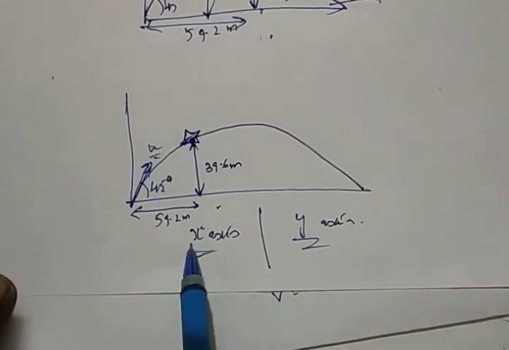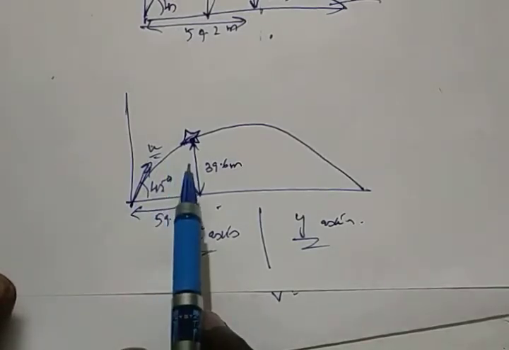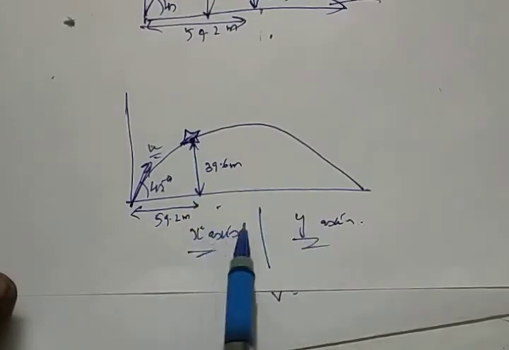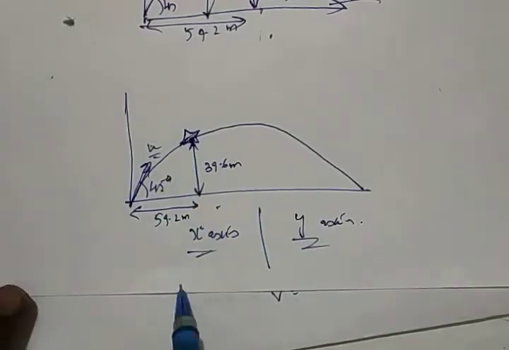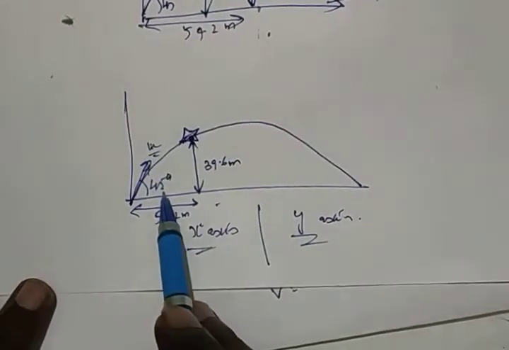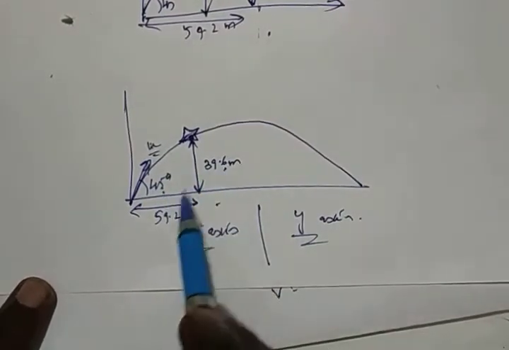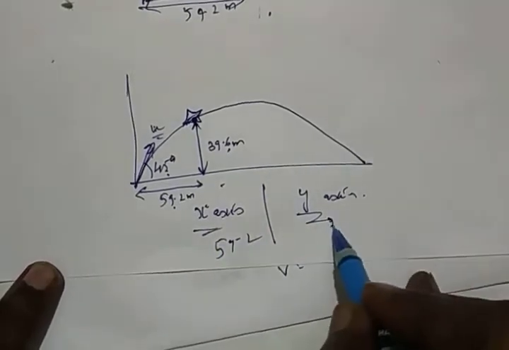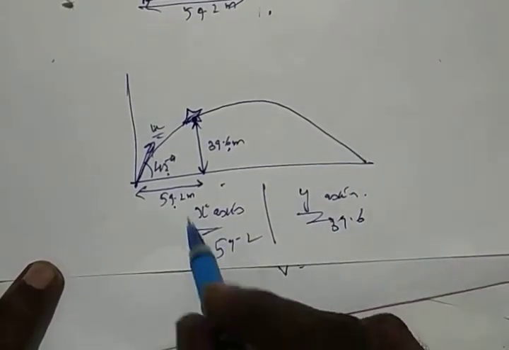I'm again repeating, in the whole derivation we have already seen the path of a projectile formula. It is better to use that formula so that you can easily solve this. U, theta, y and x. So this is 59.2, this is 39.6, and you need to find u.